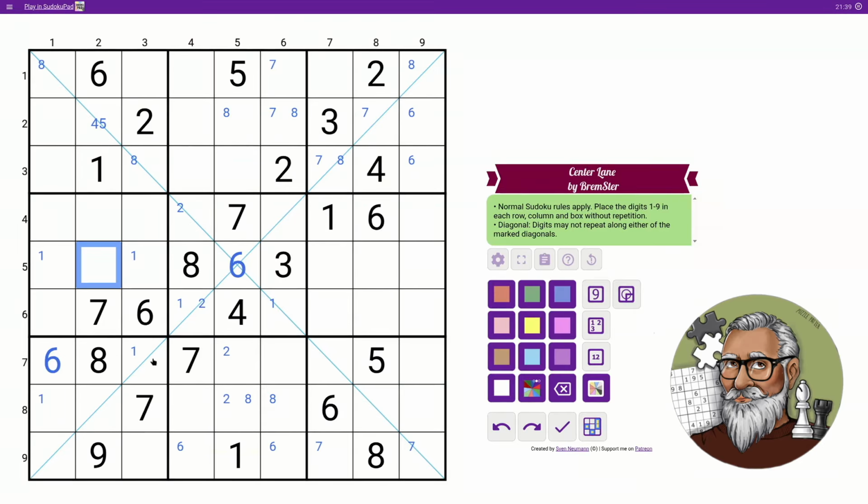Let's use a color. And then on the negative diagonal, this one obviously is not 1, neither are these. This one isn't 1 either, so it's one of these 3.